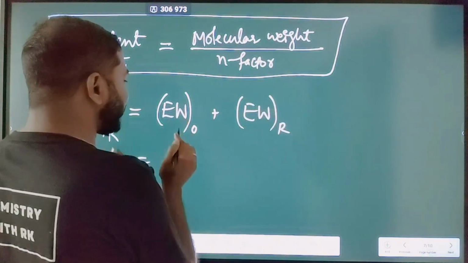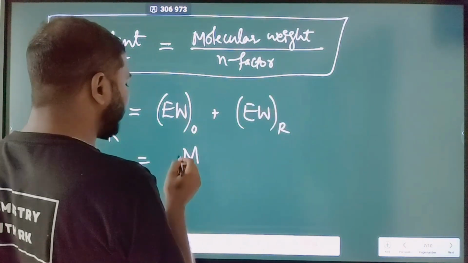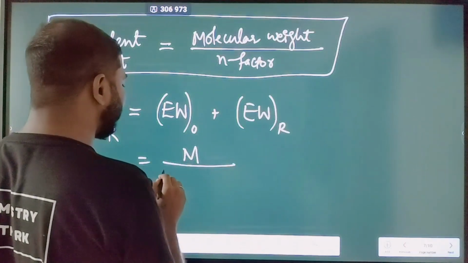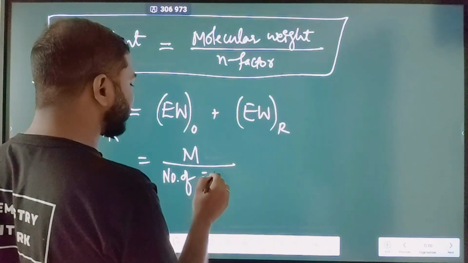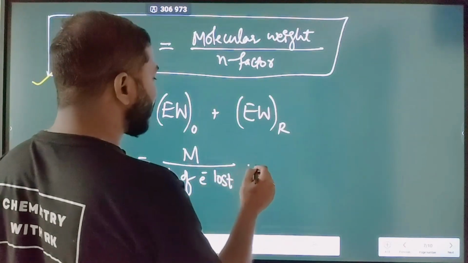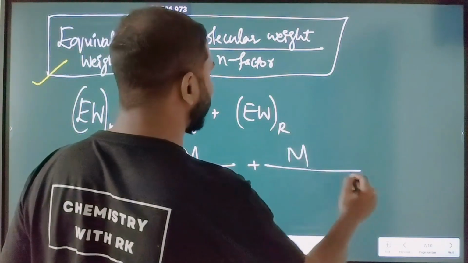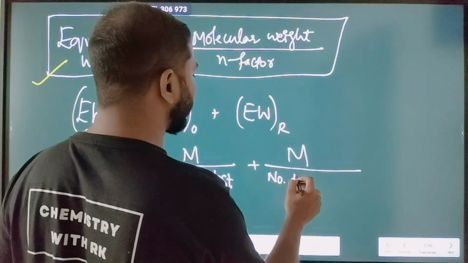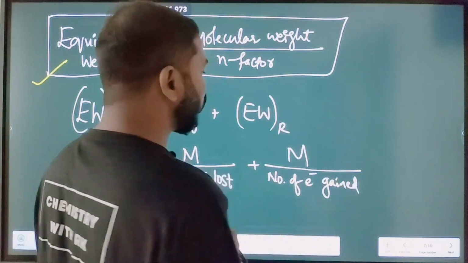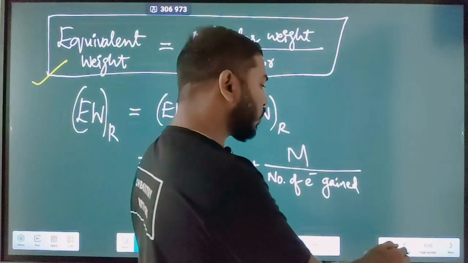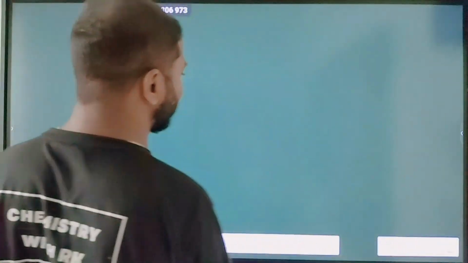So if M is the gram molecular weight, we write M by the number of electrons lost for the oxidation reaction, plus M by the number of electrons gained for the reduction reaction. Hope you understood.